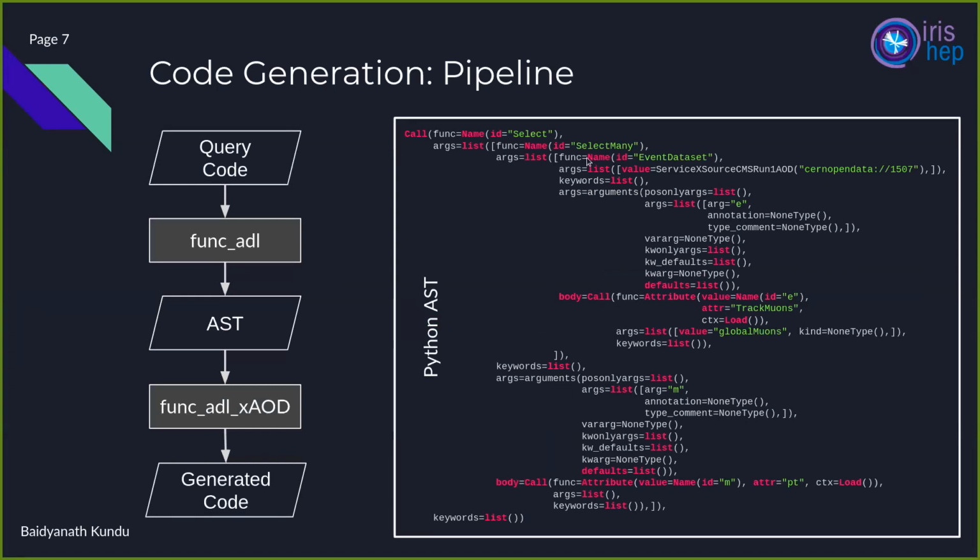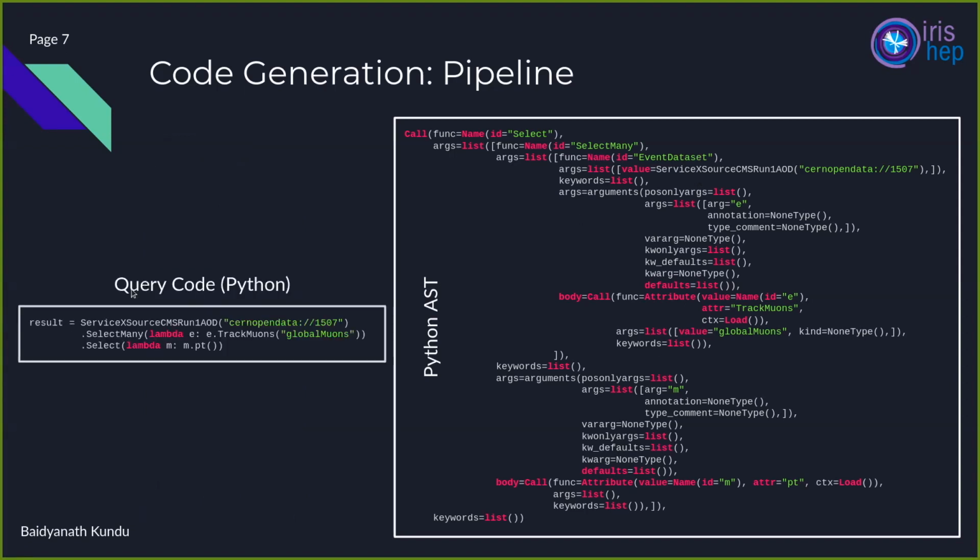This is the general pipeline of code generation. The query code is first converted into a Python AST, and this AST is extended by FunkADL to add LINQ support. If you don't know about LINQ, it's similar to SQL. Then the AST that is produced is traversed by FunkADL XAOD, and it transpiles it into C++.